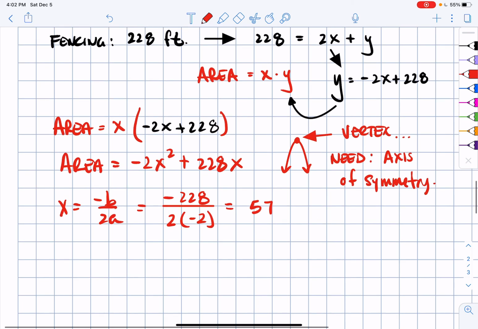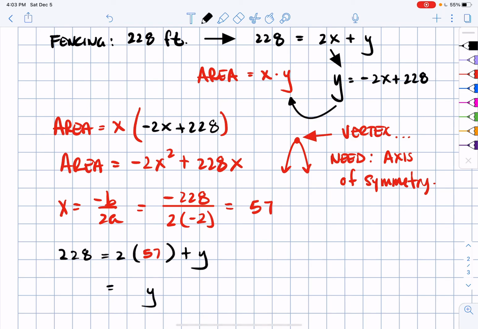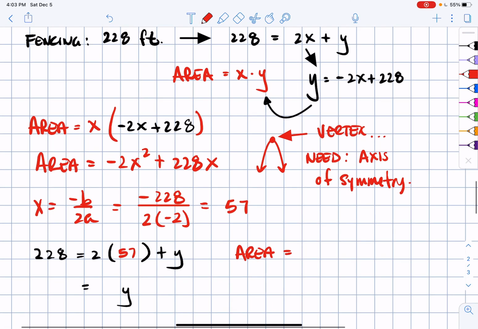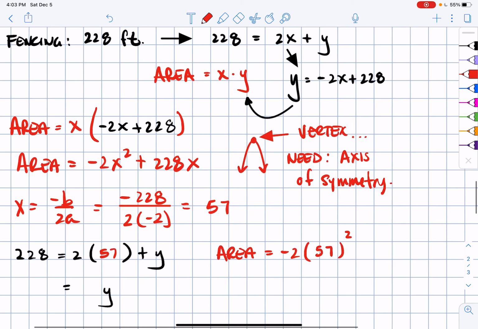Choice one, I can take what I did for the fencing, 228 is equal to 2 times 57 plus y and solve for y. Or I can use the area, and that's going to equal negative 2 times that 57 squared plus 228 times 57.